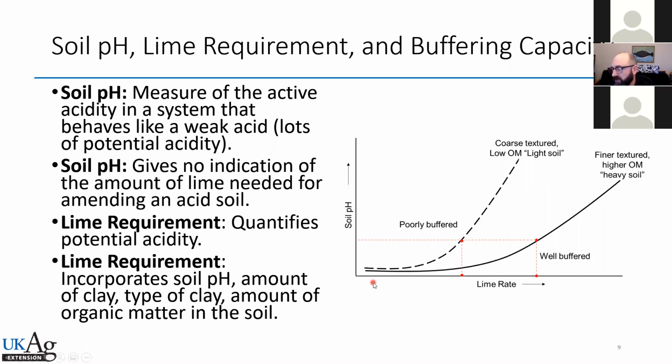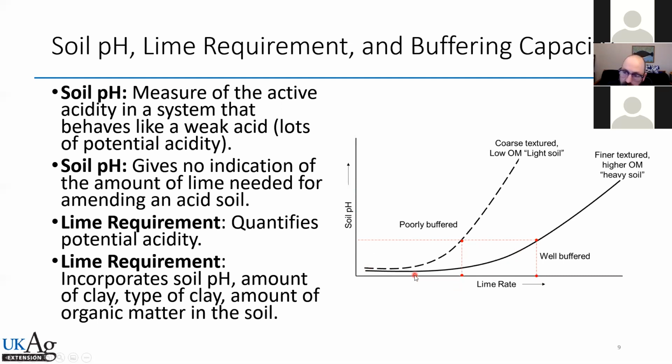And so this is where we talk about light texture soils, heavy texture soils being better buffered. The more clay you have, the better buffered they are. So when you hear someone say, well, that soil is really well buffered, that's a heavier soil. If we look at the soil pH and the lime rate and what it does to the soil pH, on a heavy soil I can add a bunch of lime and not get very much change in soil pH.